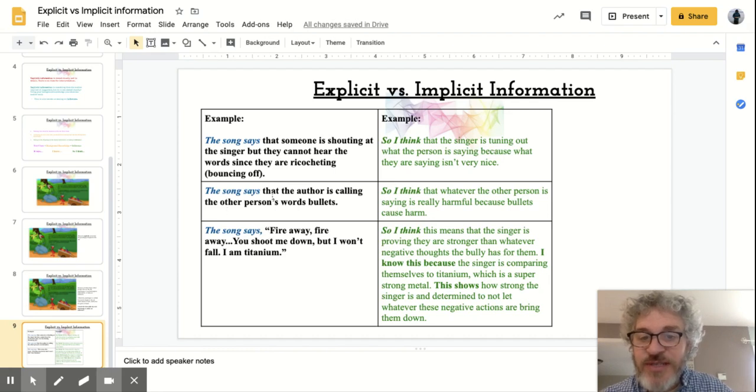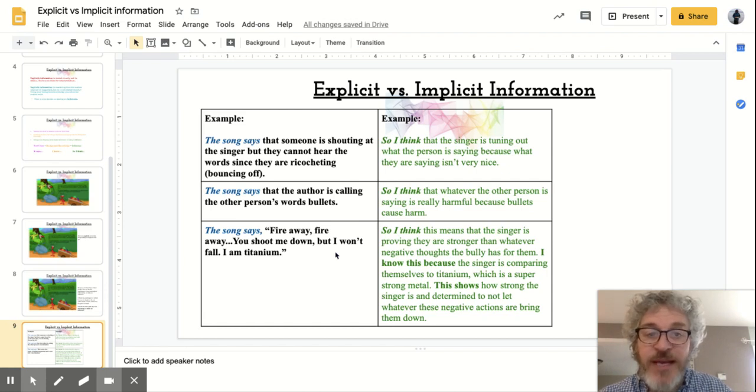The song also states that the author is calling the other person's words bullets. So I can imply or make an inference that whatever the other person is saying is really, really harmful because bullets can cause harm. Finally, the song says, fire away, you shoot me down, but I won't fall. I am titanium.